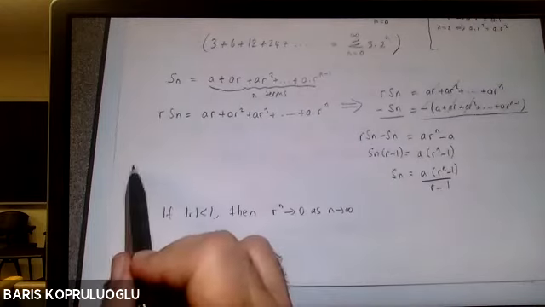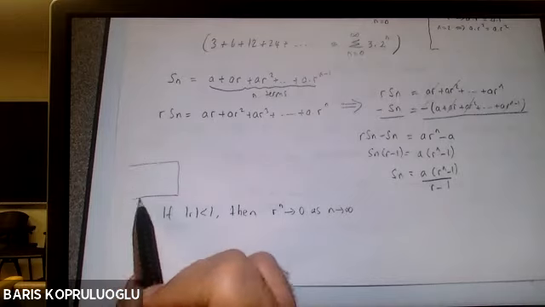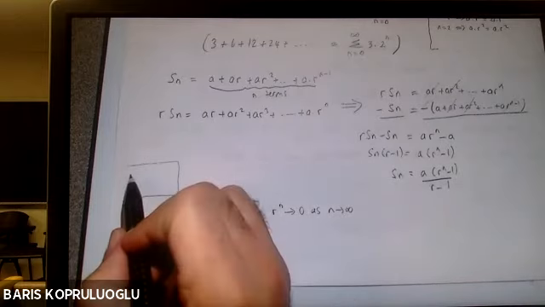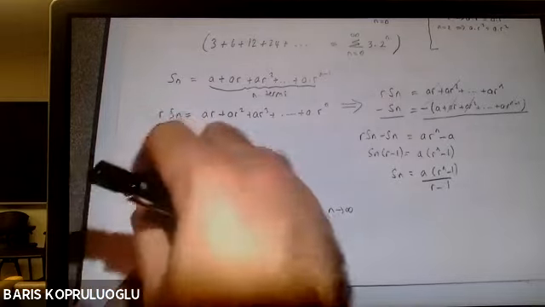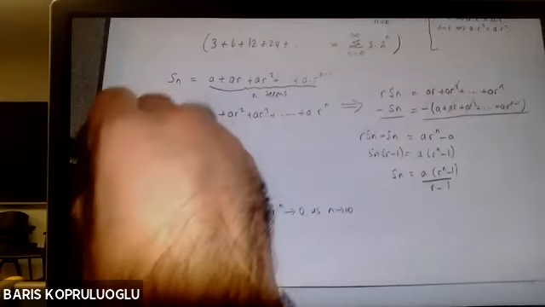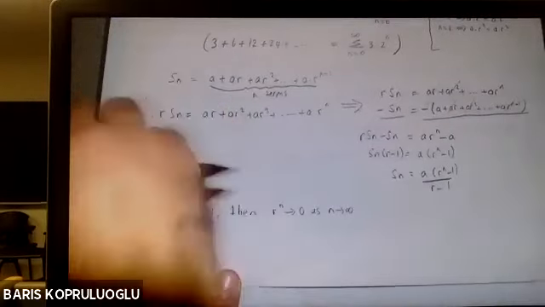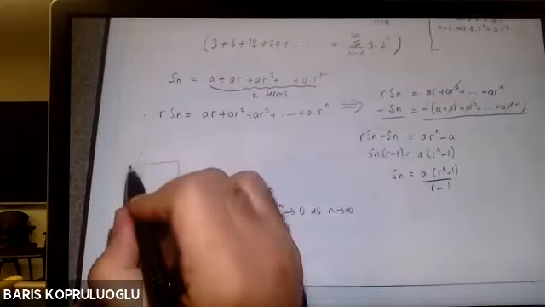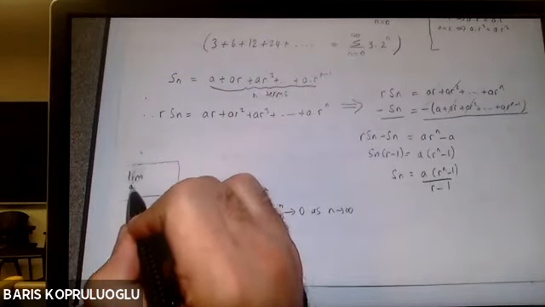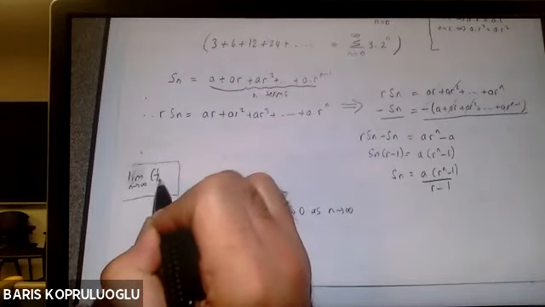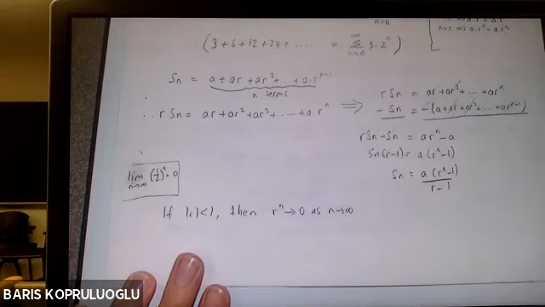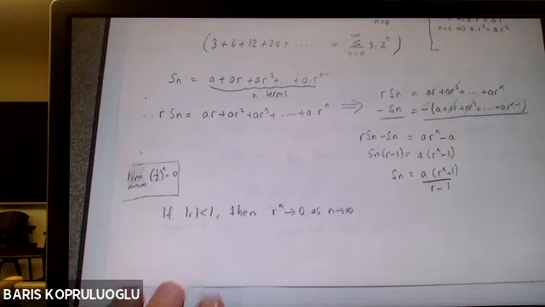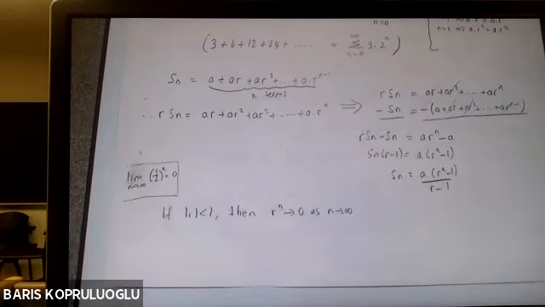I want to give a small example to understand that. For example, what is 1 over 2 to the power of n as n goes to infinity? If you keep multiplying 1 over 2 by itself, it will keep decreasing, and eventually it will be zero, because it's less than 1.